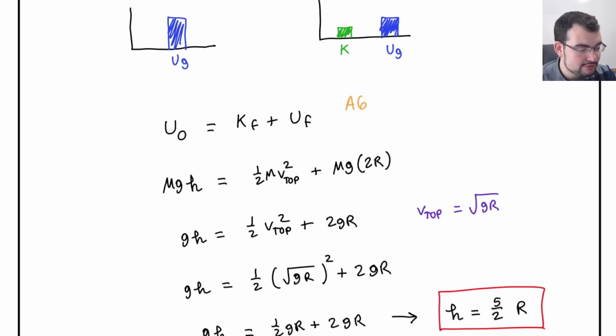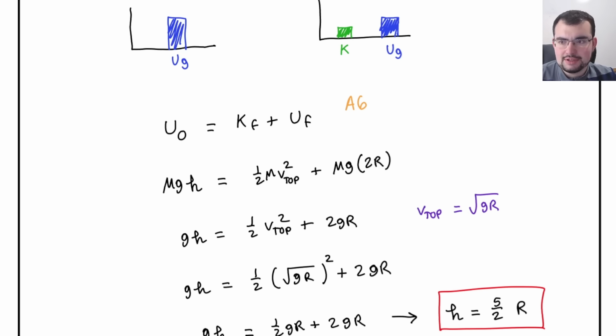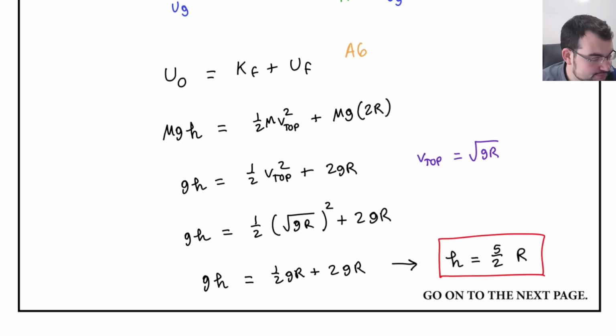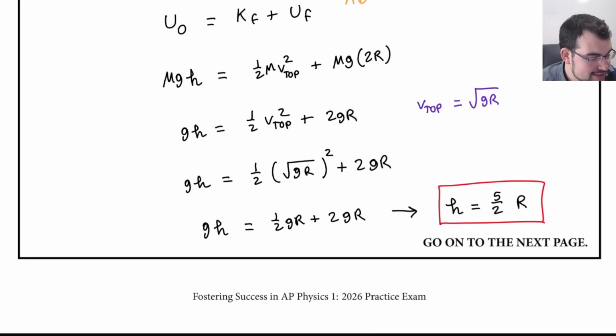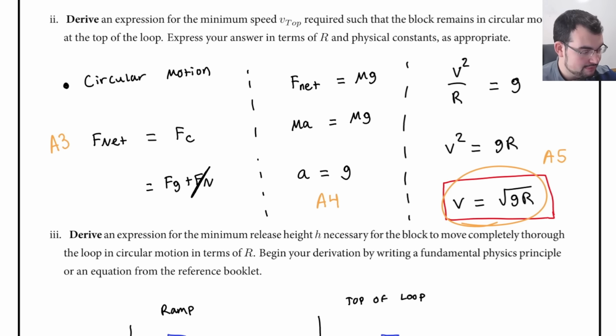It could be an equation form where you're plugging stuff in, or it could be something that looks like this. So it has to be a valid statement. You can't just say energy is conserved. You have to explain that there's sort of this conversion happening in some way. Then to get A7, you have to get a correct, consistent answer based on your v top. So it has to be correct based on what v top was.